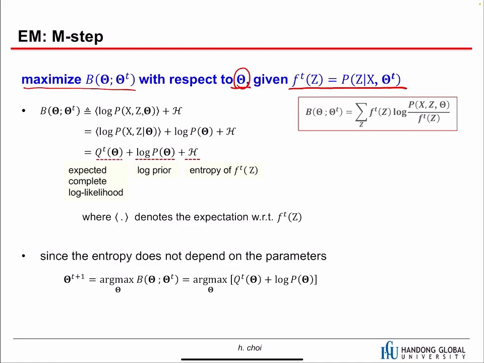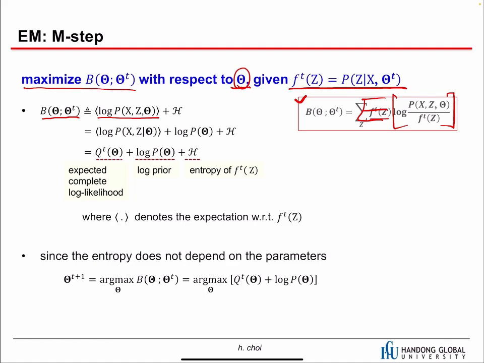The lower bound B is actually the expected complete log likelihood like this. This one is the lower bound, and this one is probability. So this one is the expectation of this term.